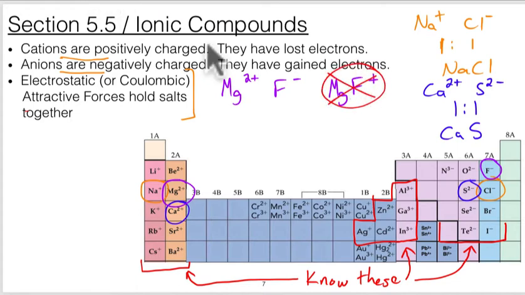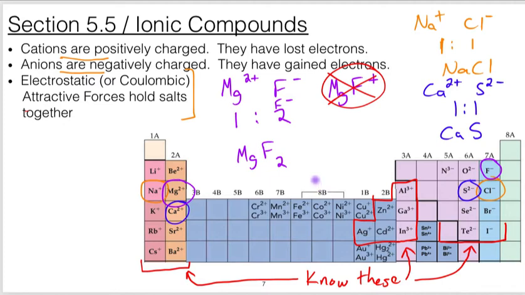Instead, nature is going to bring one magnesium together for every 2 fluorides. Ultimately, it's a way to balance out the charges. If I had 2 fluorides, that's going to be a total of -2, and that's going to cancel out the +2. So there's the formula for magnesium fluoride.